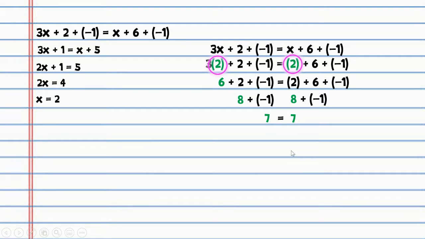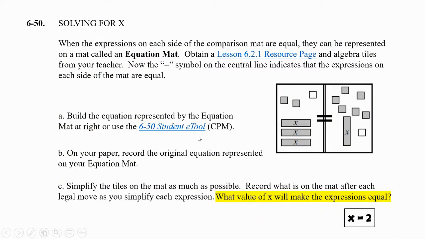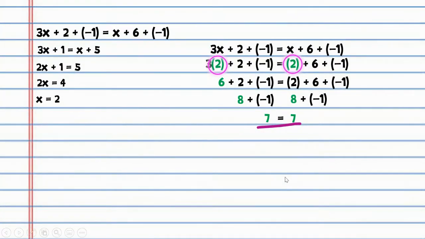Like when we were comparing the two price plans with the bowling alley, 2 is that magic number that would make the cost of the two price plans the same. So when you see what value of x will make the expressions equal, this is what we're looking for, that magic number that, when you plug it in, you end up getting something like 7 equals 7.